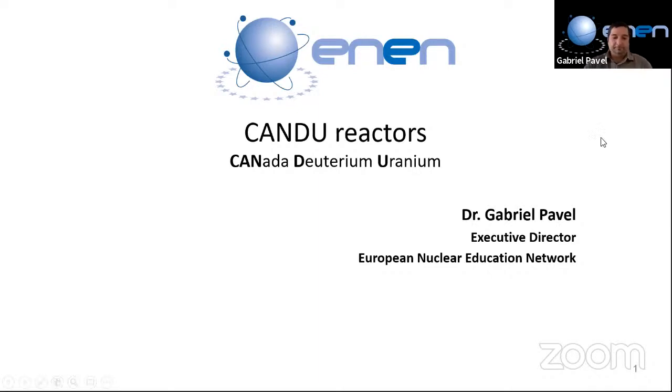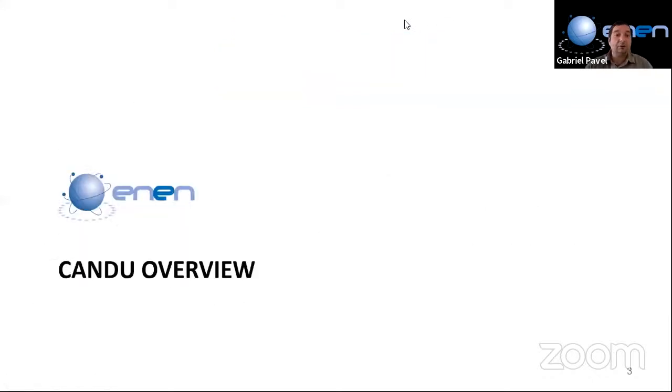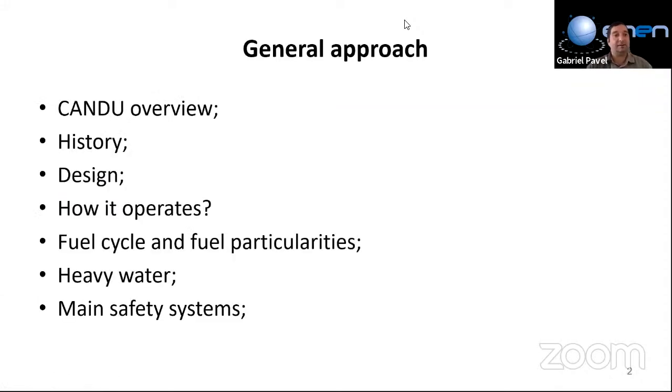Okay. So, CANDU, or Canada Deuterium Uranium. This is a type of reactor which was designed a long time ago. This is my presentation today: a short overview, a history of the CANDU reactors, main design features, a short explanation of how this reactor operates, a quick overview of the fuel cycle and fuel particularities.